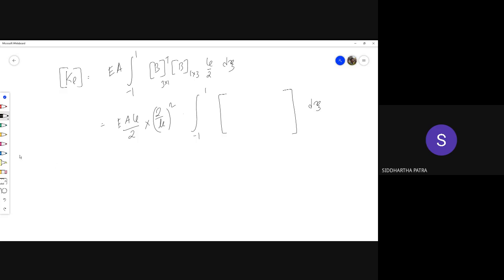Or if you take B to be something like 1 by LE times minus 1 minus 2 xi, then minus 4 xi, then 1 plus 2 xi.